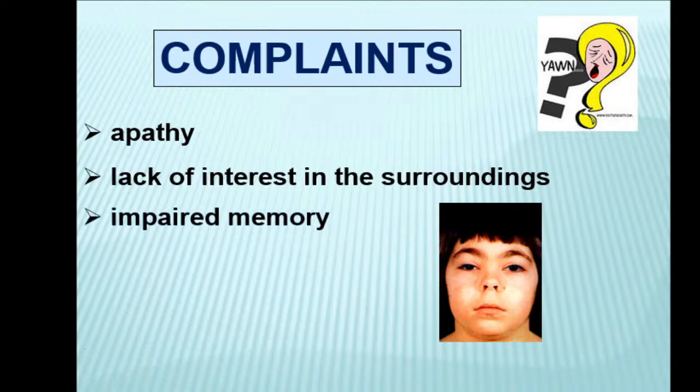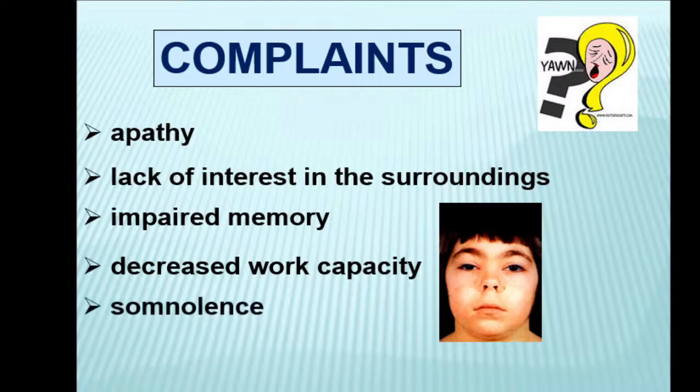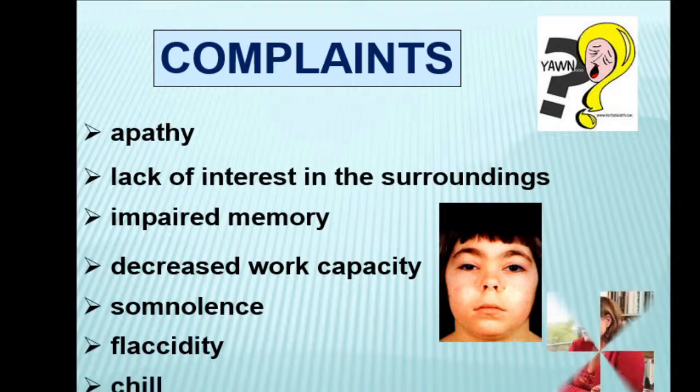As a result, impaired memory, decreased work capacity, predilection to sleepiness, somnolence, flaccidity, and chill, because metabolic processes decrease. If you remember and understand the problem of thyrotoxicosis, hypothyroidism is a very easy answer. Opposite problem: depression of activity of the nervous system, cardiovascular system, and digestive system.